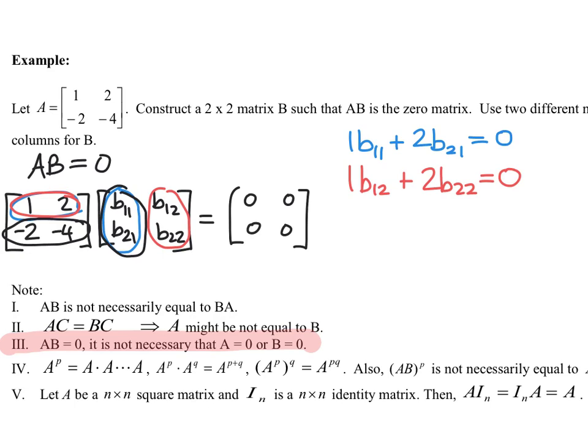Row 2 against column 1: negative 2 B sub 1,1 minus 4 B sub 2,1 is equal to 0.